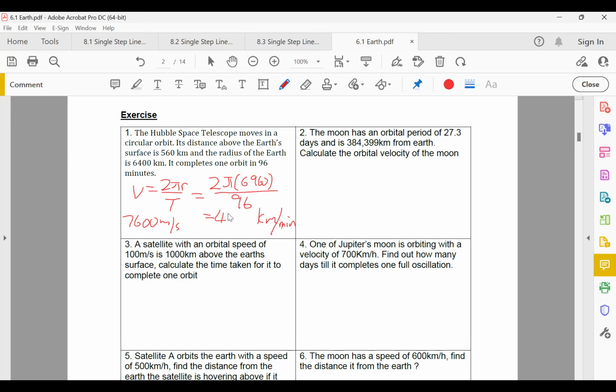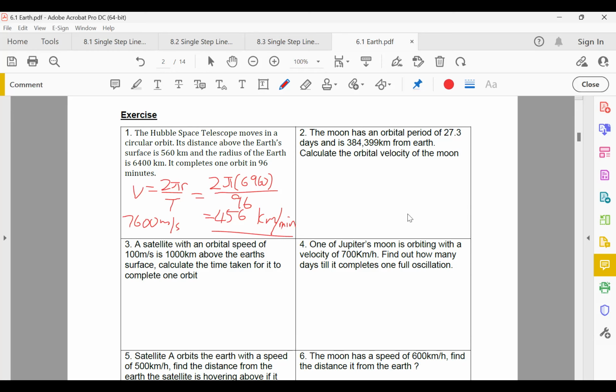The answer should be 455 or 456 km per minute. Is this radian or degree? What's the radius? Whatever, anyway, it's 456.